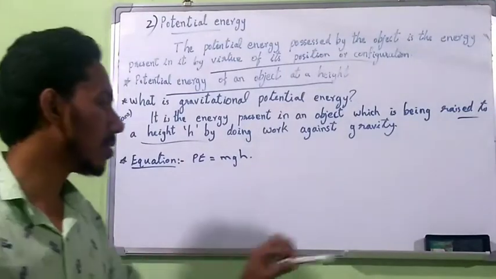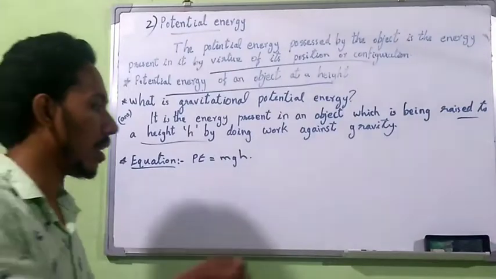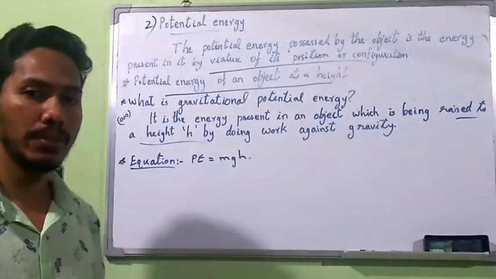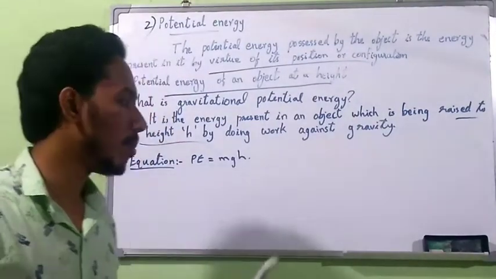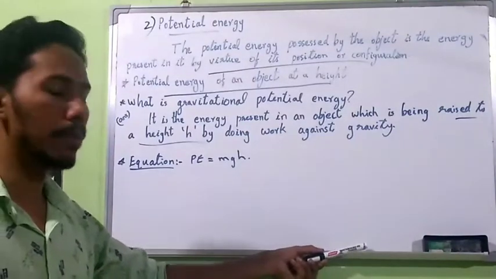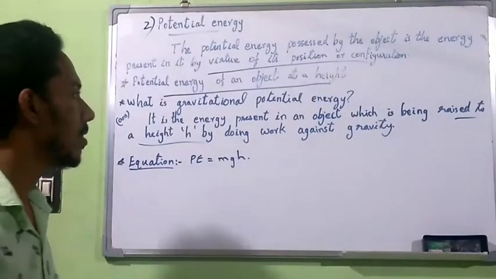I place this object at a height h by doing work against gravity. All objects experience gravity, but we want to do work against this gravity. So because of that work, this object has potential energy. We have to find that potential energy.